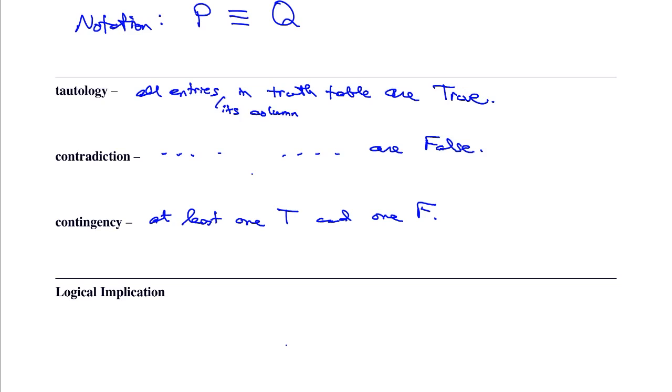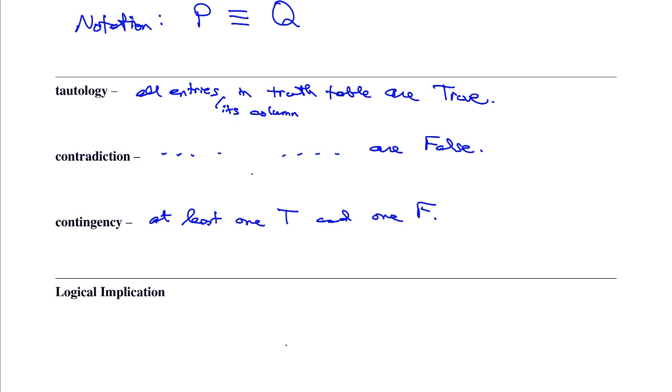Okay. What do you got to do to make that a contradiction? What's the contradiction? P and not P. Yeah, P and not P. How can something be true and false at the same time?